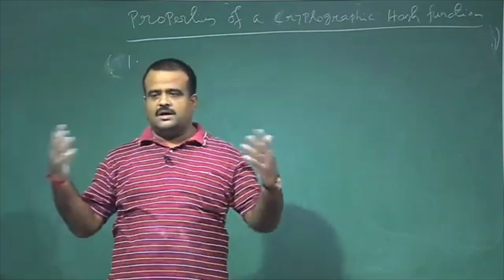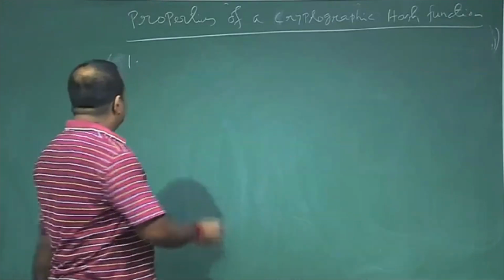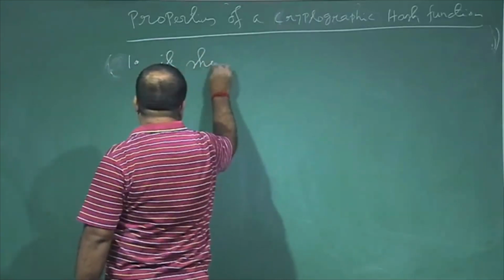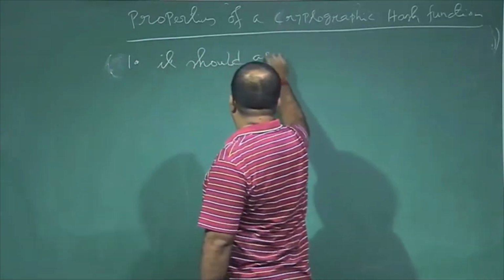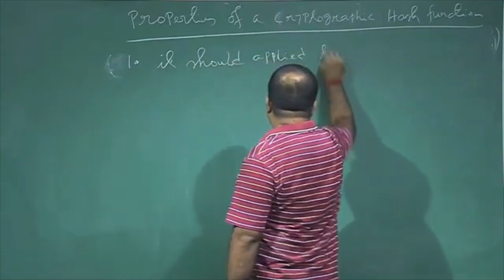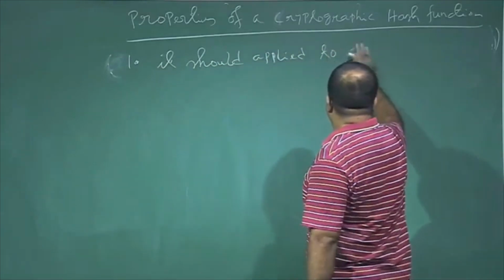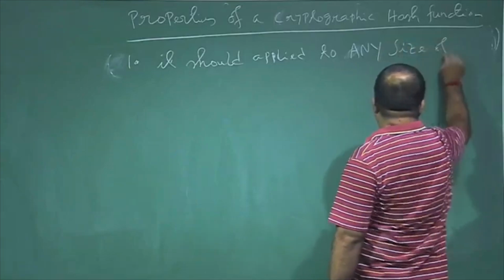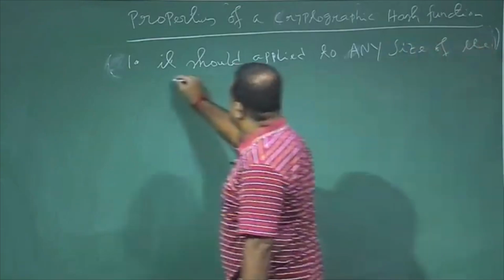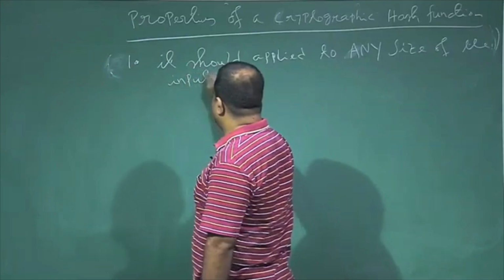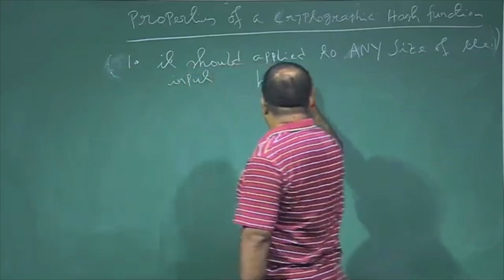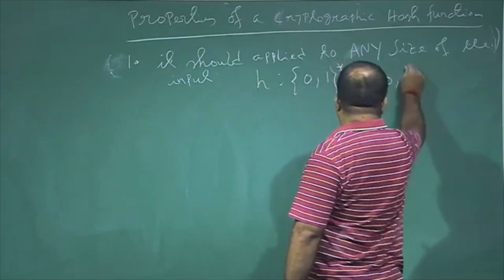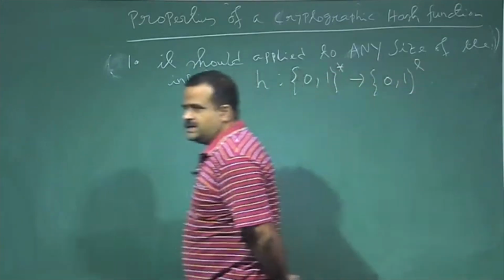So, our plain text can be any size, as big as it is. Basically, it is a function from arbitrary length input to a fixed length output. Okay, that is the first condition.